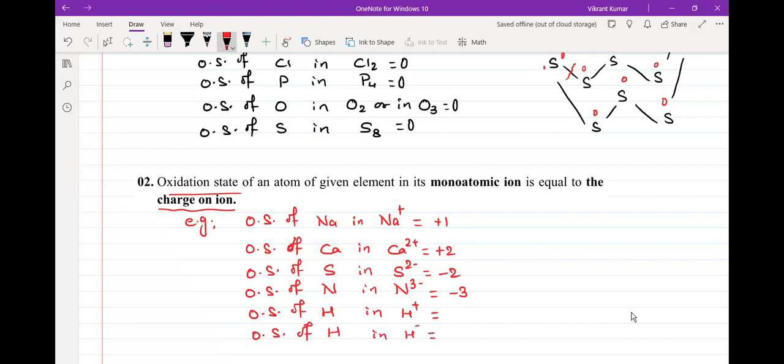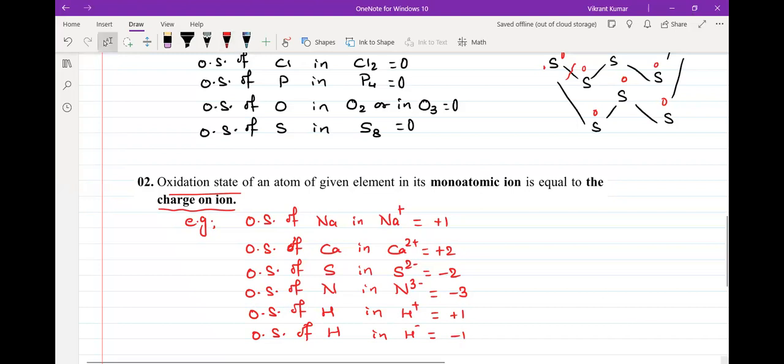Plus 1 and minus 1. Based on that, I have given you a hint that we need to be careful whether it is H+ or H-. If H is coming with a non-metal, it is always in +1 oxidation state. But if it is coming with metals like CaH2, calcium is a metal, and that's why H will be in -1 oxidation state. We will see this ahead.